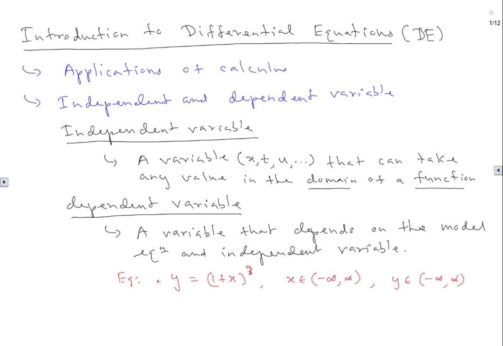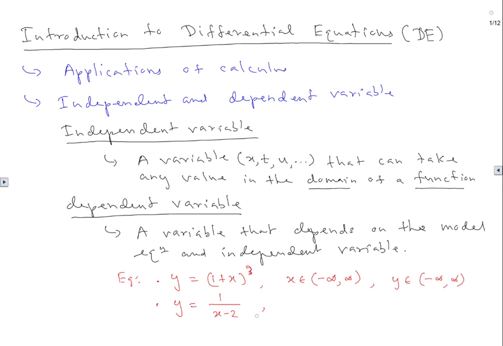What about this example? Let's say we have y equals 1 over x minus 2. This is my x. In this case, x cannot take all the values.